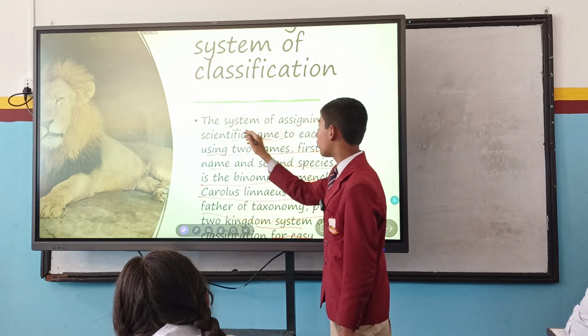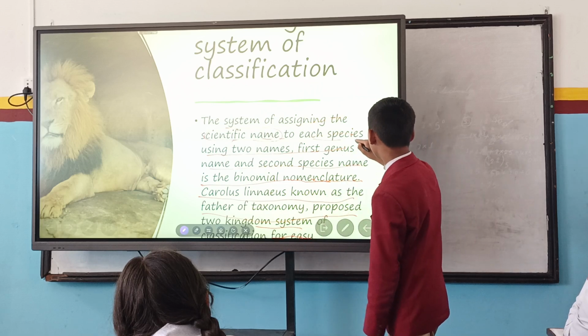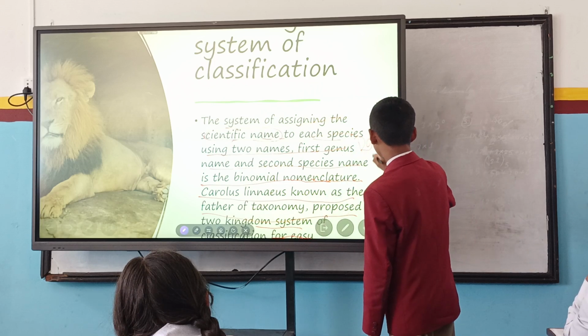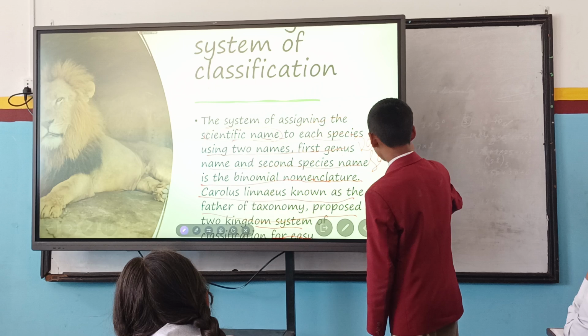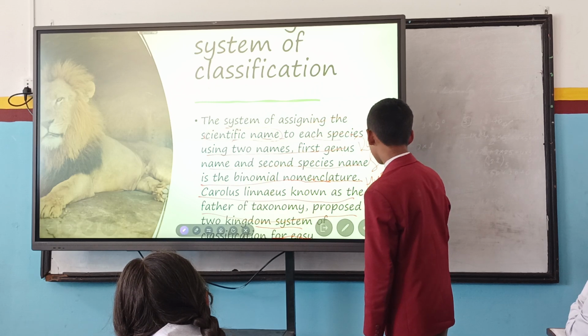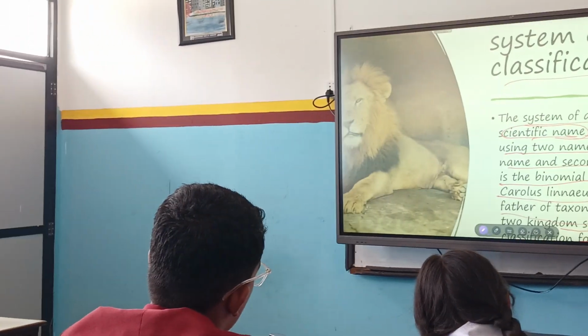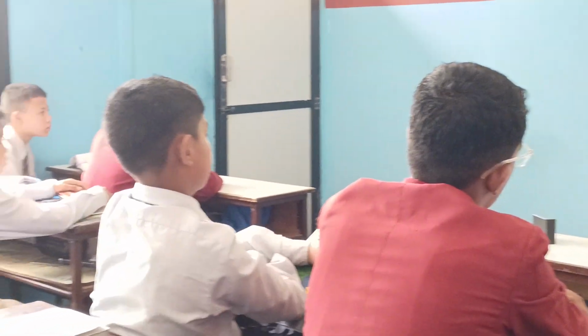As I said before, all the plants and animals have their own scientific name, as we know about rose, lotus, and we human beings too have our own scientific name, and rats too. This is the field of classification of names in a scientific way.